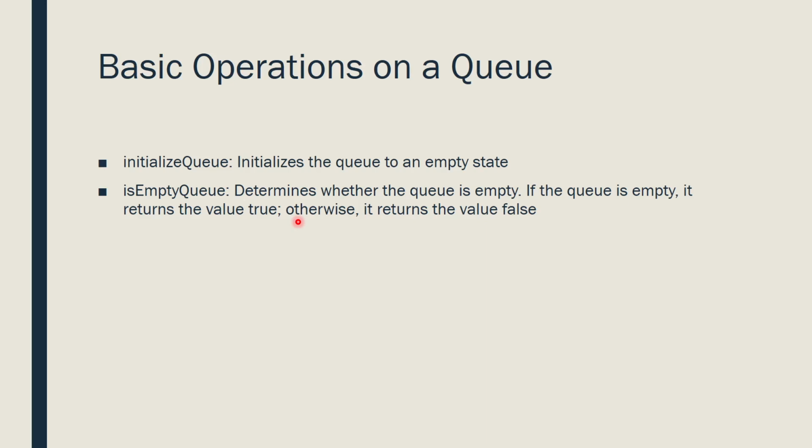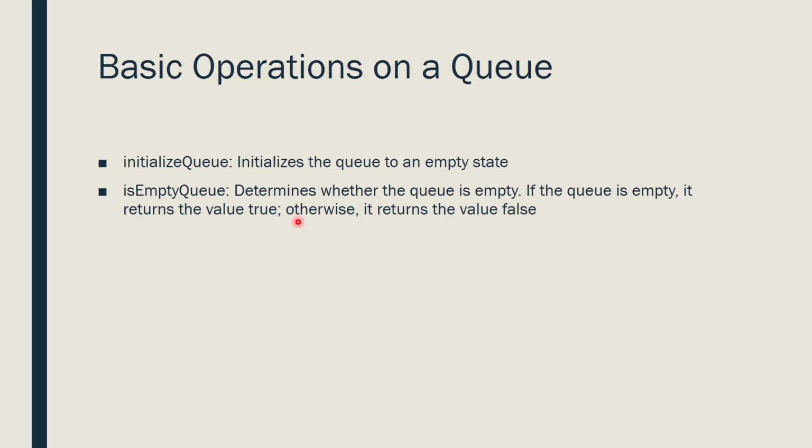Of course, before you enqueue and dequeue elements to the list, we need to initialize our list first. And initially it is empty, so there are no elements inside the list or inside the queue.